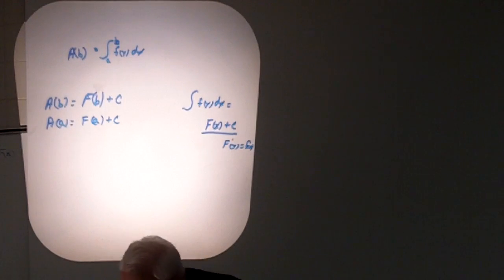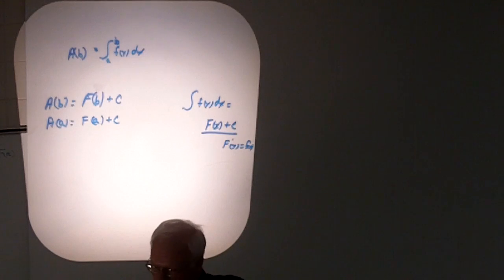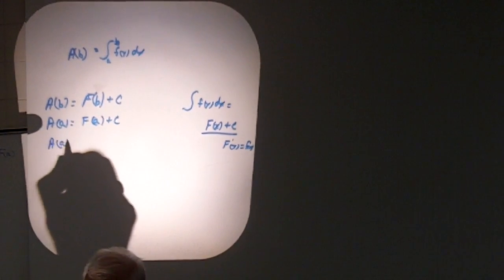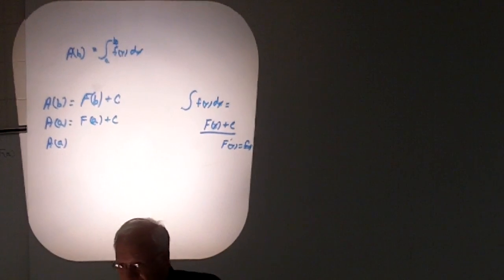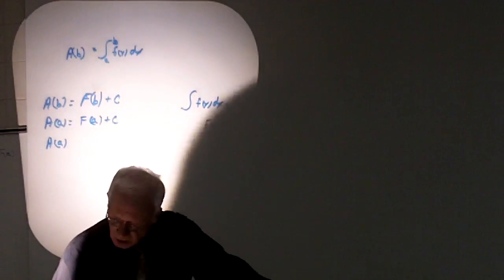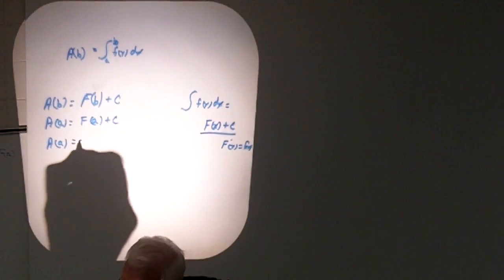Okay? Now, watch what happens here. How much is A at a equal to? I don't have a picture. And see, it's right here. It's right down here. It's nothing. We've just got this little line. Okay, so that's equal to 0. Okay, so we'll do that in a minute.